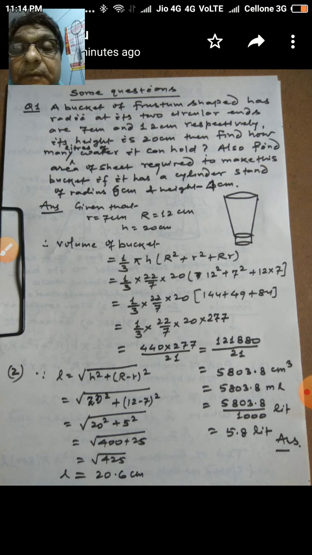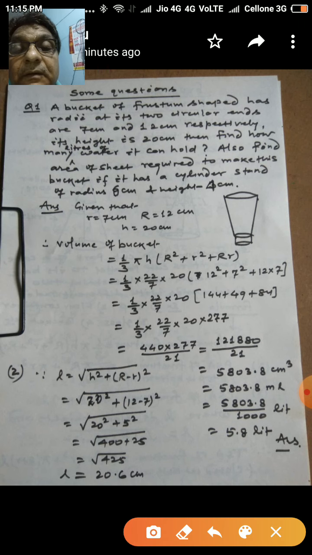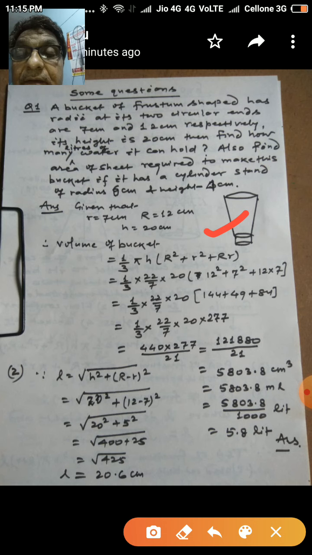Find how many liters of water it can hold, and also find the area of sheet required to make this bucket if it has a cylindrical stand of radius 4 centimeter, 6 centimeter and height 4 centimeter. As per the question we have drawn a rough figure of the bucket, where small r is 7, capital R is 12 centimeter, h is 20 centimeter.